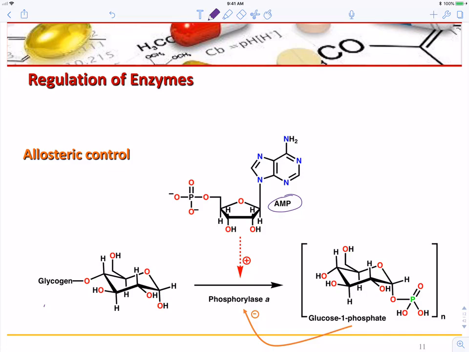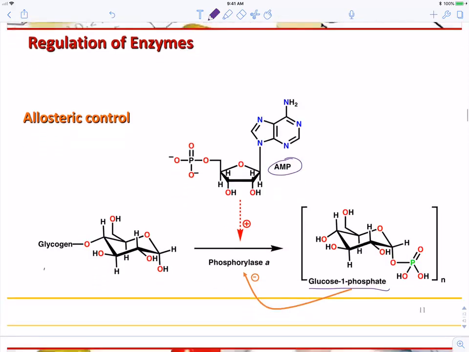On the other hand, the product of the reaction, glucose 1-phosphate, acts as an inhibitor on the enzyme. And so the product inhibits its own formation, thus lowering the concentration of glucose in the bloodstream and stopping or slowing the release of glycogen from the liver supplies.